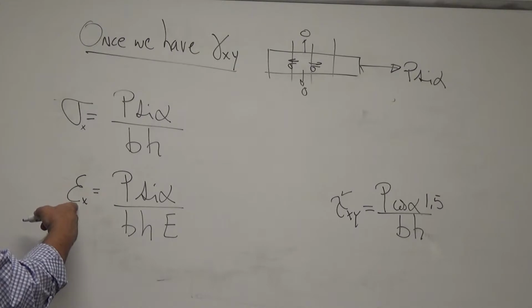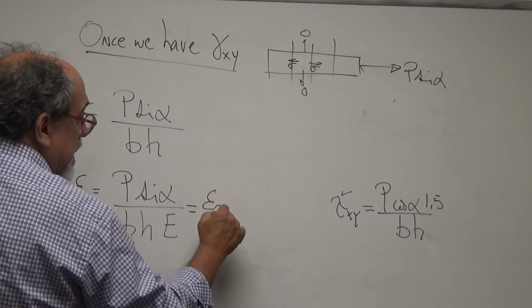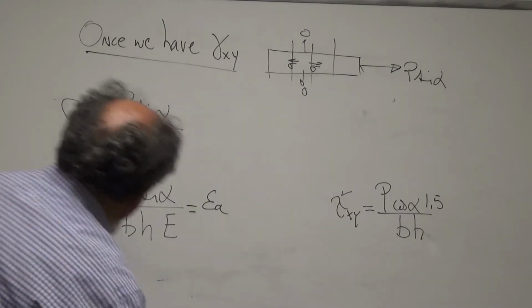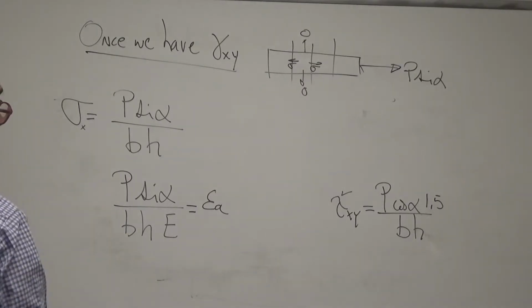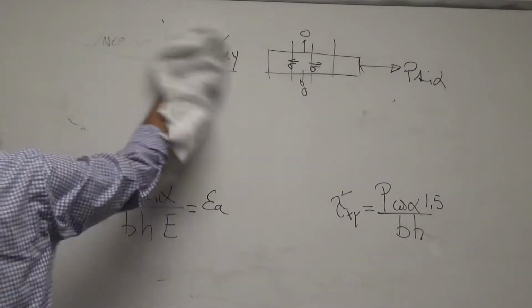But this, epsilon x, is the measured strain, epsilon A, that is given in the book. So we also know then that P times the sine of theta divided by B divided by H divided by E is epsilon A. And at this point the problem is done.